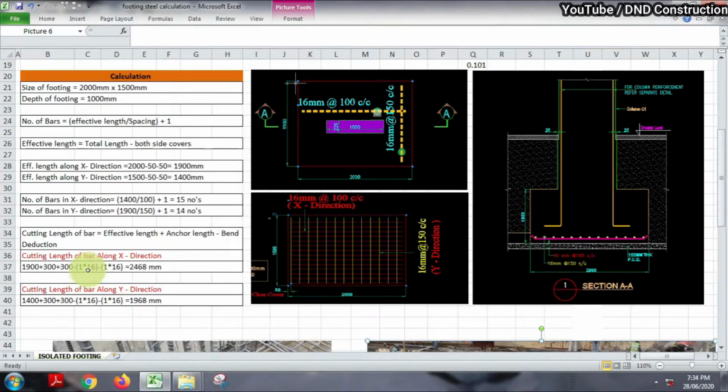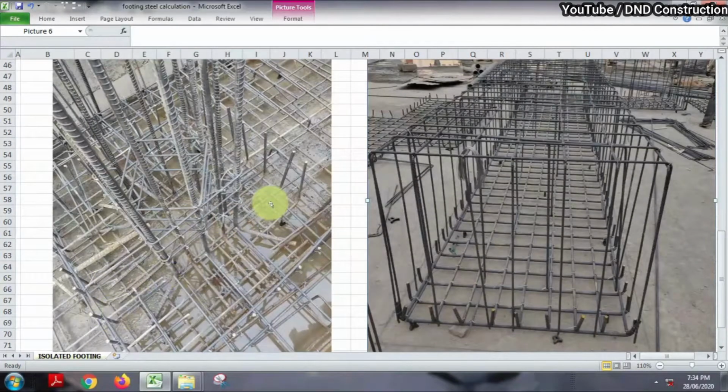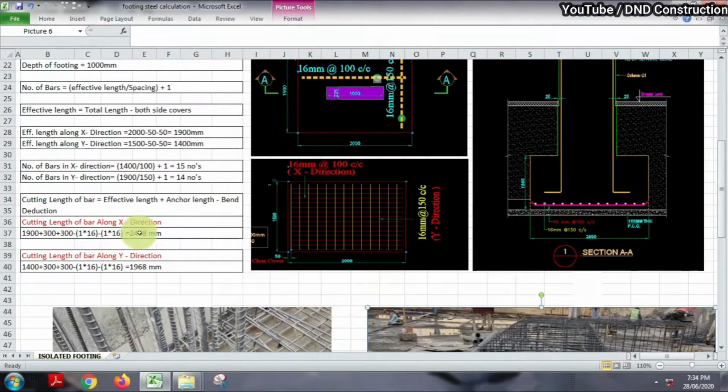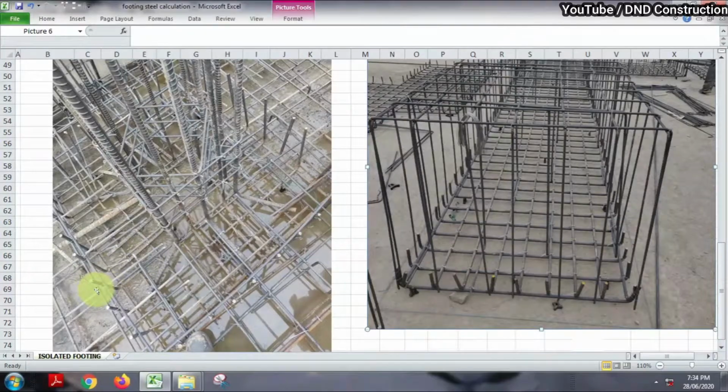For the 16 mm bar, 1D is for one side bend and another 1D is for the other side bend. This bend and this bend. So two bends are there. When we calculate this distance, we will get 2468 mm. This is the cutting length in the X direction.